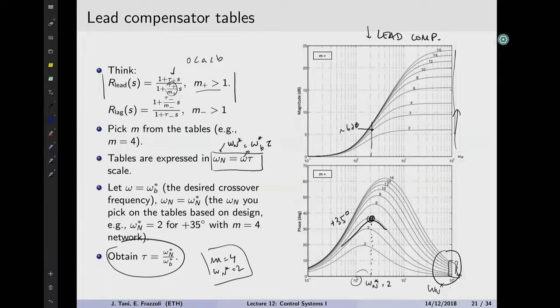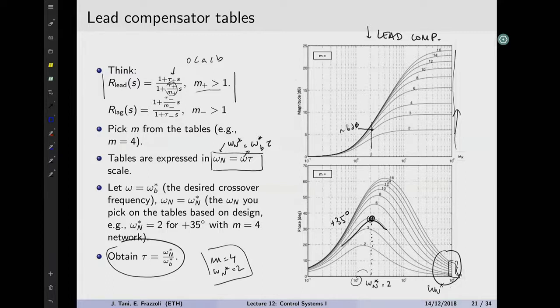So remember that every time you design lead networks, you always get something you want and you pay a price in the meantime. You get the phase contribution you want and unfortunately you get a part of the magnitude as well. Sometimes it's helpful, sometimes not. My bottom line is that there are many different solutions every time. It really depends on the specific exercise you are dealing with.